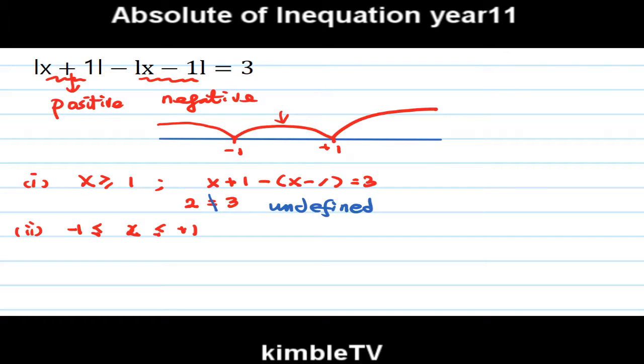So you can remove the absolute value of x plus 1, but not this one. When you remove absolute value, you should attach minus. So this will be plus, and x minus 1 equals 3.